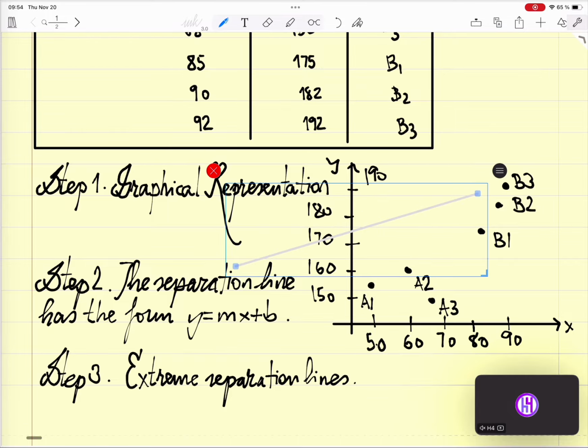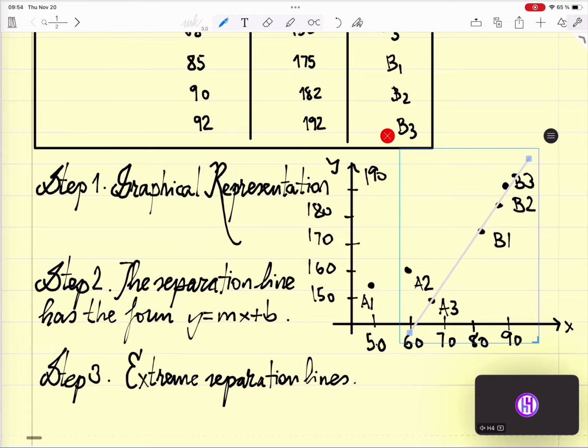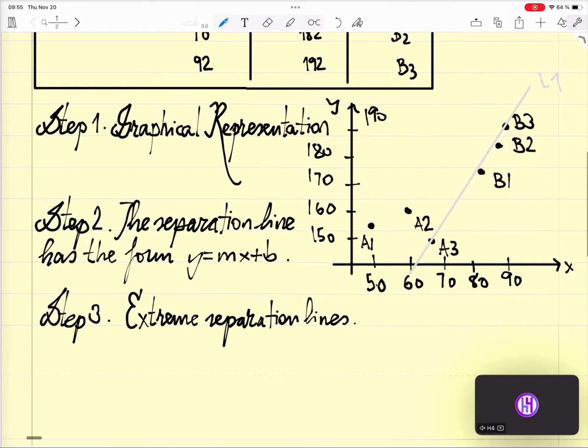The extreme separation lines are going to go through the following points. One extreme separation line is this one. It separates the B's on one side and the A's on the other side. So L1 goes through the points A3 and B3, and is a separation line.